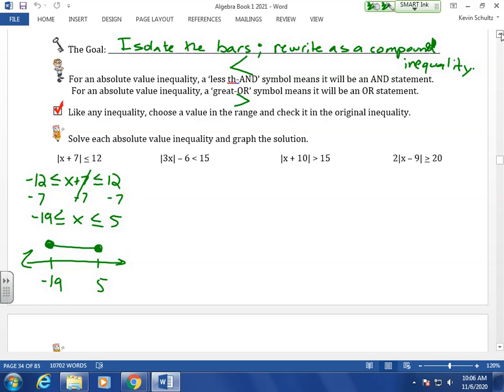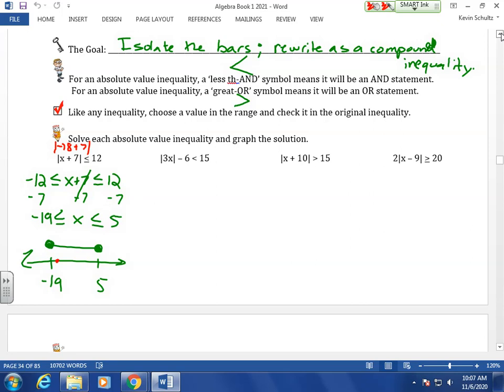Okay? Peter, give me your favorite number between negative 19 and 5. Negative 18. So if we choose negative 18, which is within this range here, right? And we plug that into our original inequality, negative 18 plus 7. What's negative 18 plus 7?